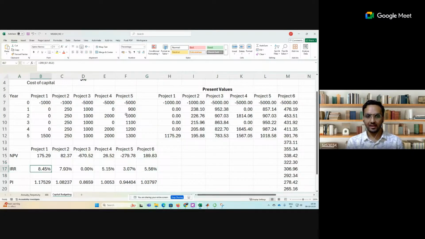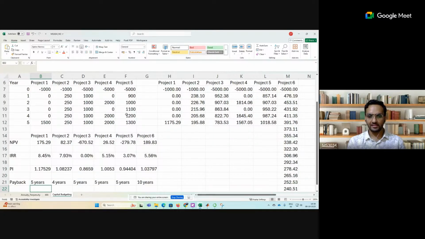So the results change for NPV and IRR. And for profitability index also, my NPV is higher for project 6, but my profitability index is higher for my first project because my upfront cost is lower. That is the denominator in my profitability index calculation.